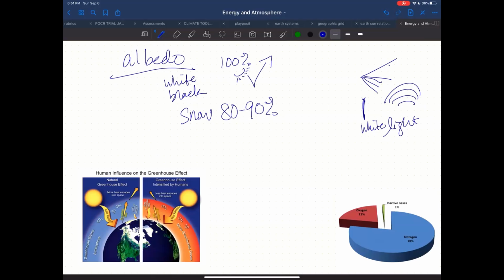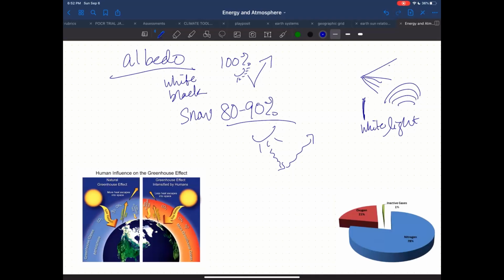So it's really high. That means that most of the sun's light that hits those surfaces is being reflected, 80 to 90% of it. So only 10 to 20% is being absorbed. So it stays cooler. It doesn't absorb a lot of the sun's energy and heat up and melt. It reflects most of it.